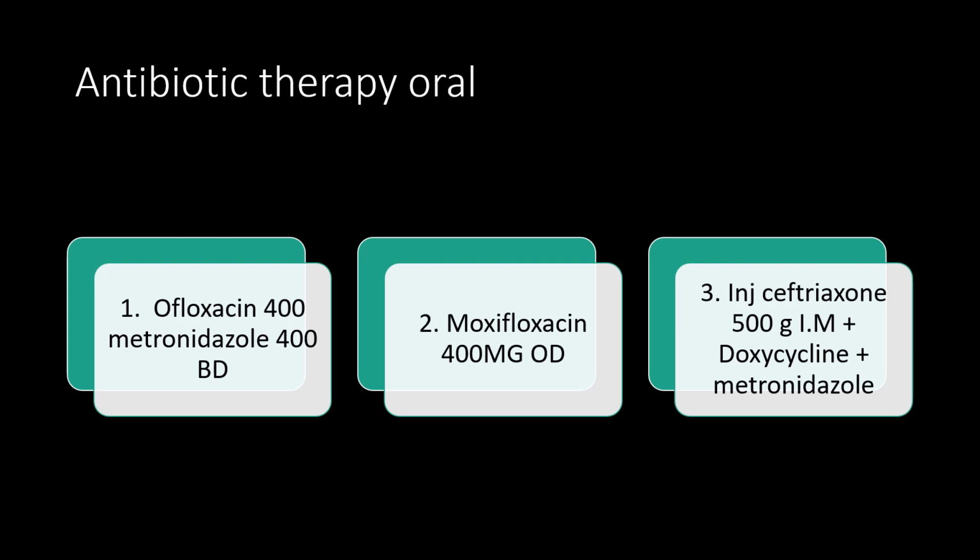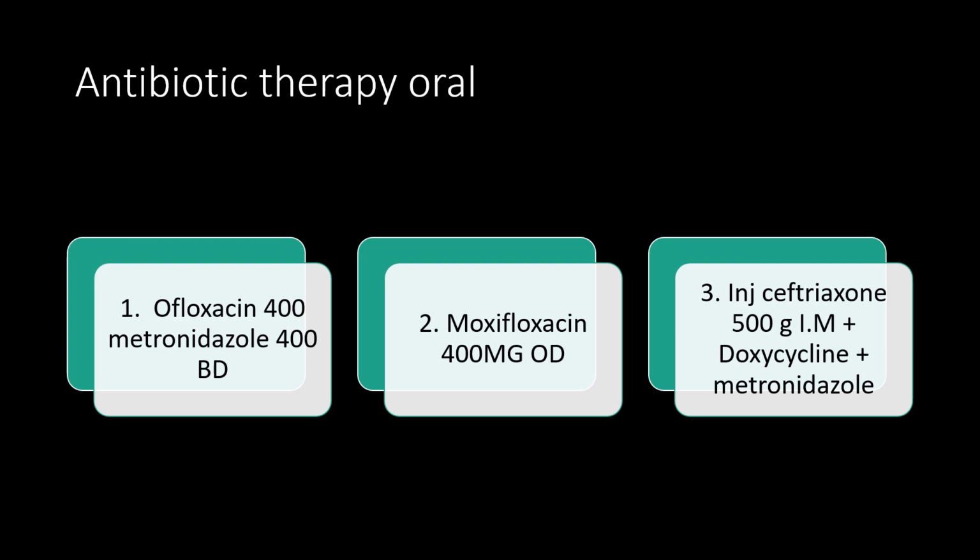Third is initially injection ceftriaxone 500 milligram IM, followed by doxycycline 100 milligram twice a day and metronidazole 400 milligram twice a day. Whichever regime is chosen out of these 3 should continue for 14 days.